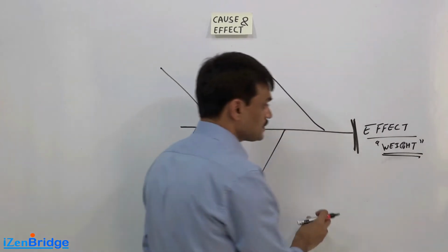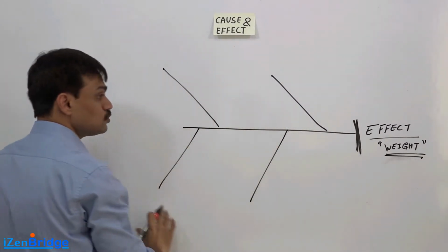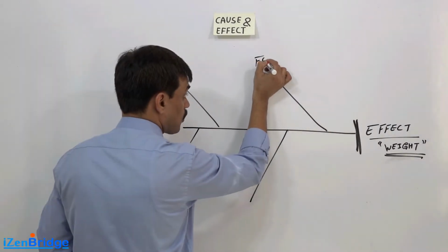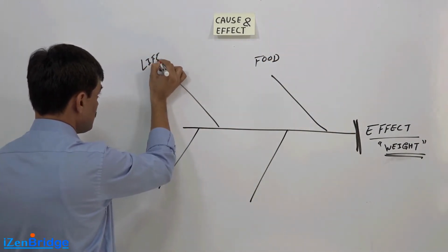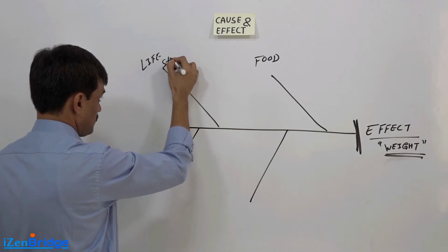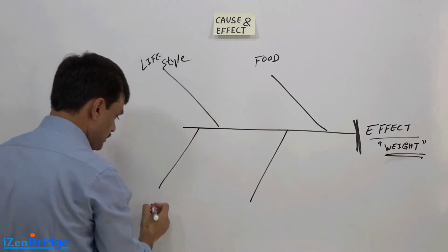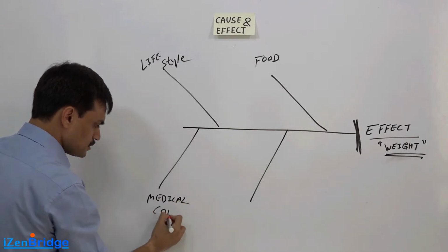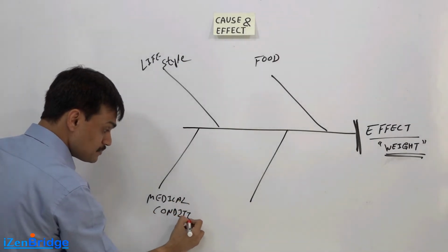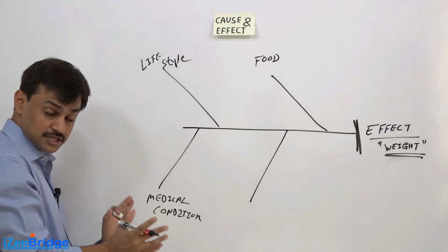This is your effect. The possible areas which you need to work on, say, the causes could be food, lifestyle, say medical condition, something. So you may do an analysis based on brainstorming, and you have a group discussion around it.